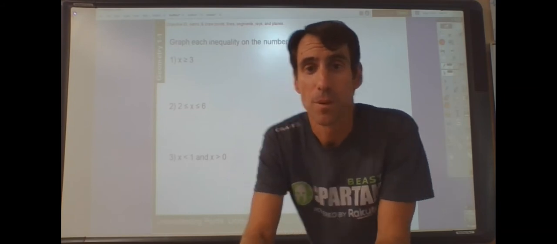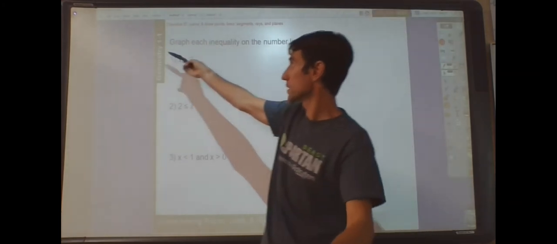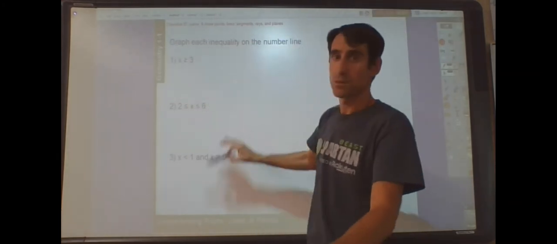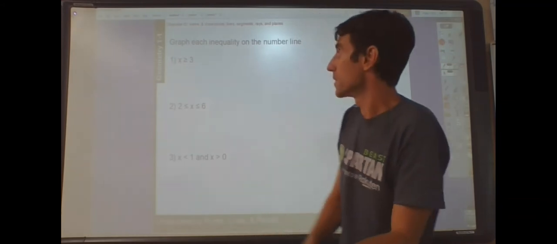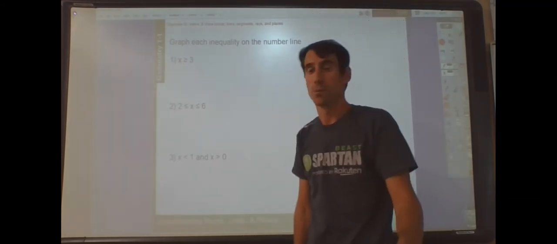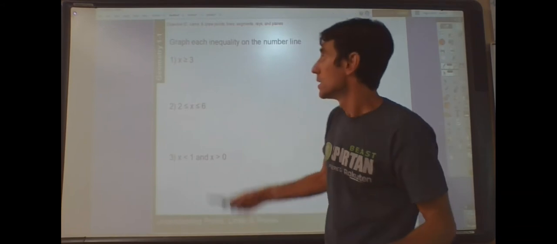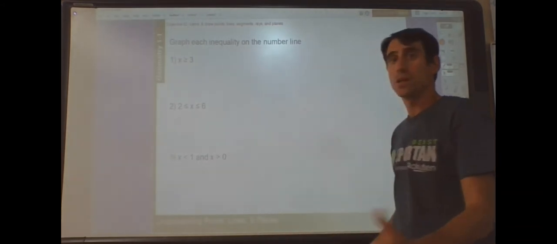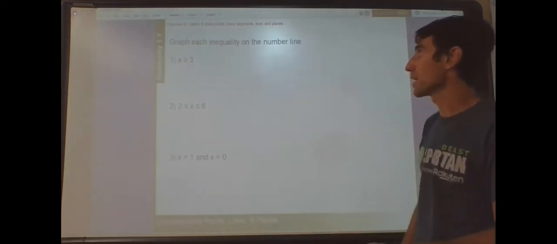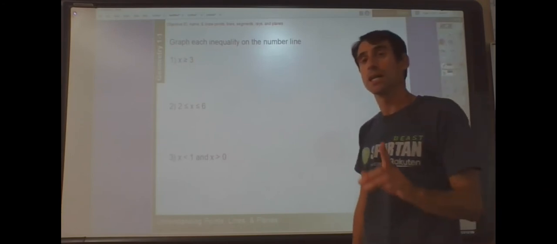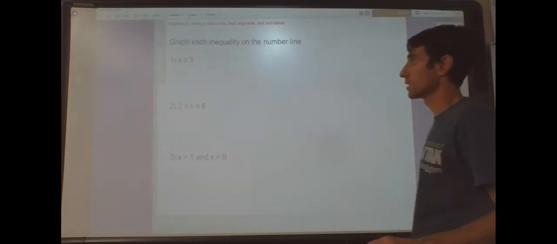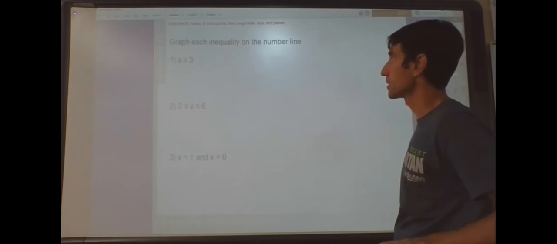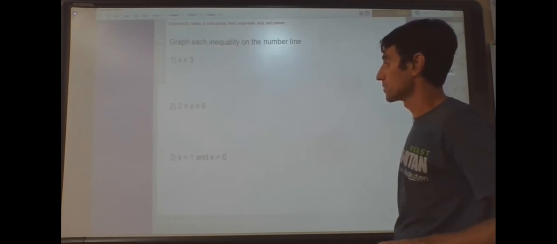Now, the first page of each section is typically a little quiz going over what you learned the day before. In this case, we didn't learn anything the day before, or maybe you did, I just don't know about it. So we just have a run-of-the-mill warm-up, where you're being asked to graph each inequality on a number line. Then if you look at the next page, it looks shockingly familiar to the other page.